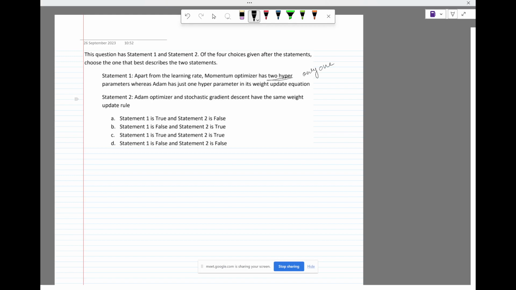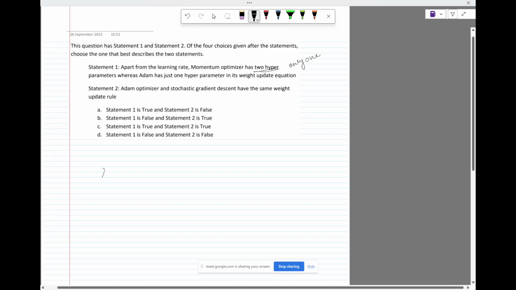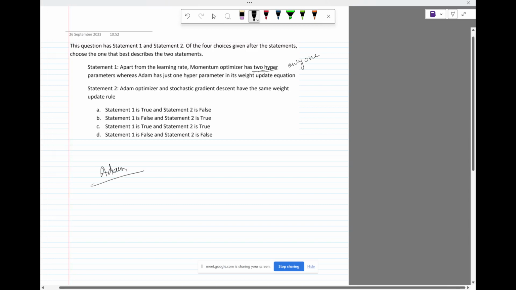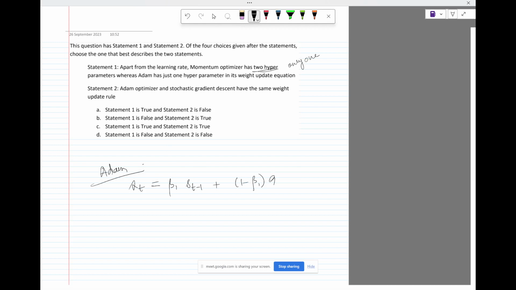In the Adam optimizer, I'll just write how you have the first moment and second moment computation here. The first moment is s_t = beta 1 s_{t-1} + (1 - beta 1) g_t.